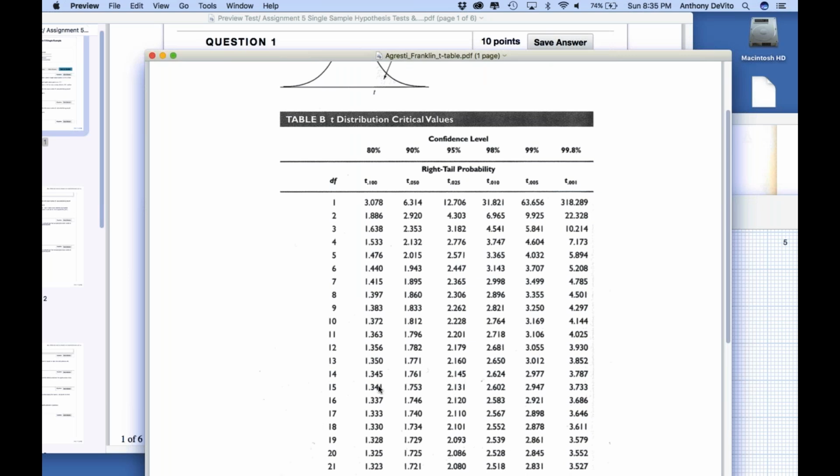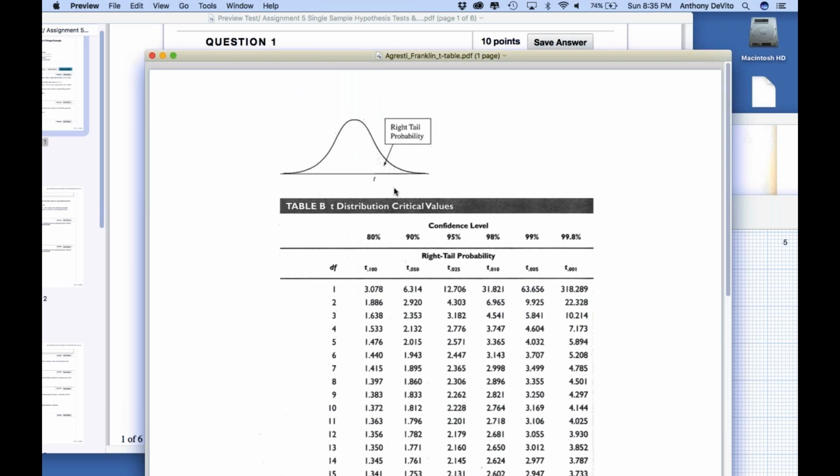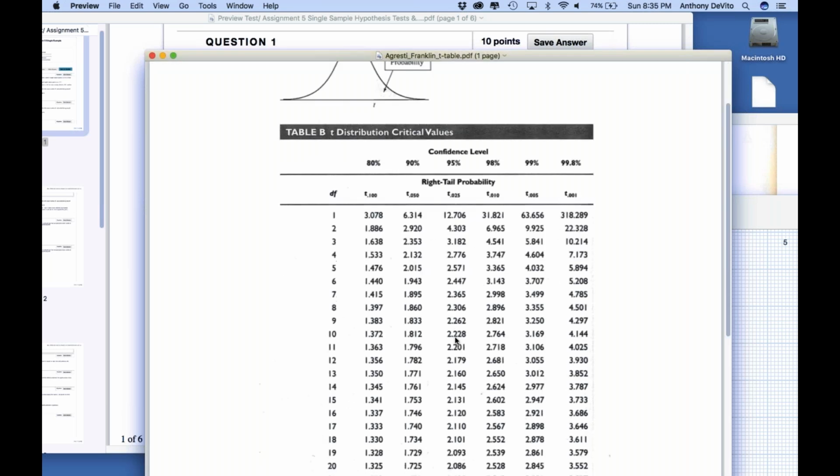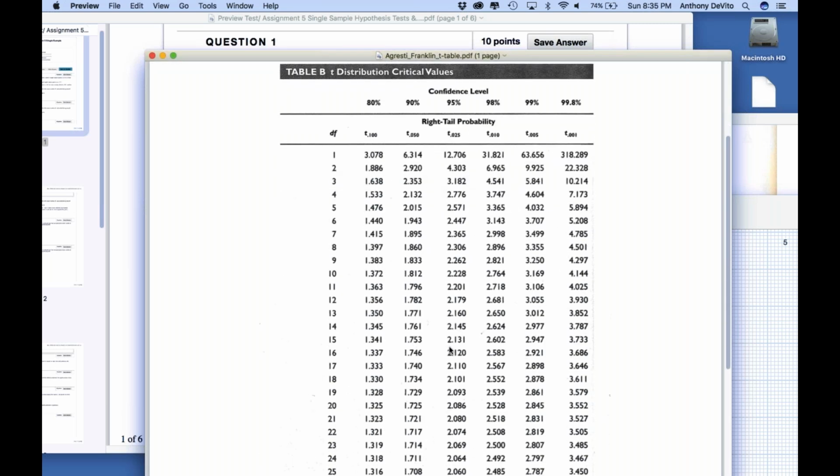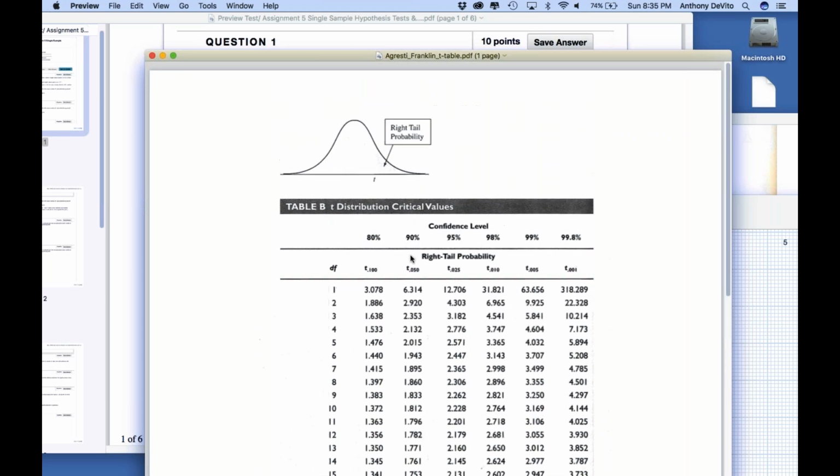That is the t score which represents exactly 2.5% in the tail. So the distance from the center of the distribution is 2.131 standard deviations, or t scores, above the mean and 2.131 below the mean for that sample size.